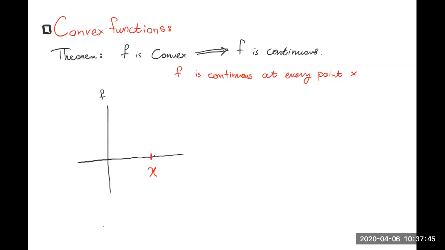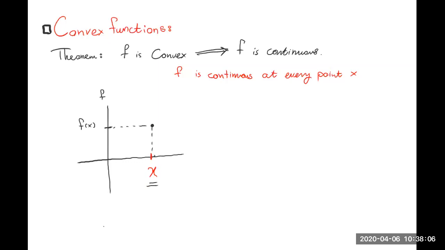So for example, this is x. I want to show f is continuous here. Look at f of x. There is a value for the function at that point. It's just something, f of x.